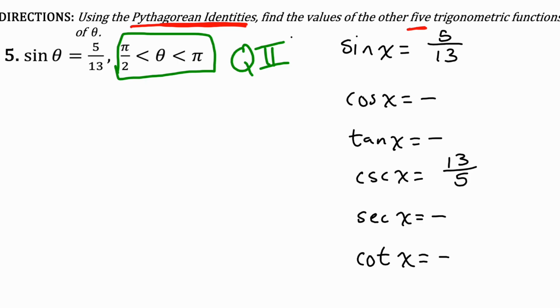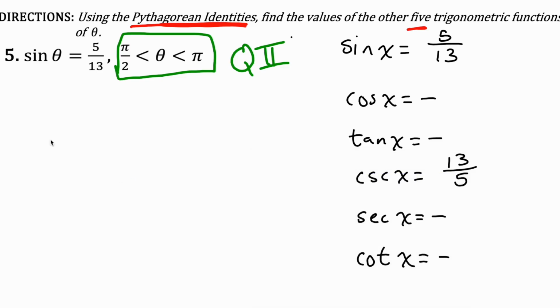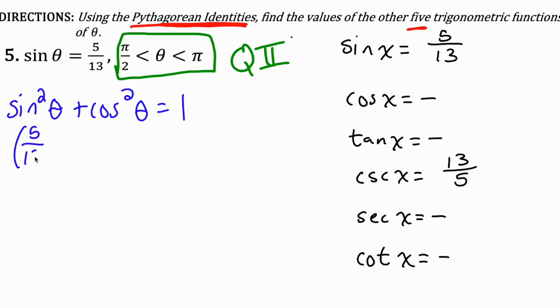All right, so now we can go through and figure out some other information here. So we know a Pythagorean identity that involves sine and cosine. So we need to start with this. All right, sine is 5 over 13. So 5 over 13 squared plus, let's just recopy this, cosine squared theta equals 1.